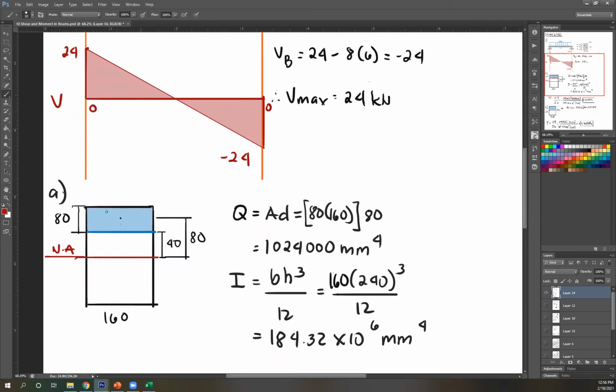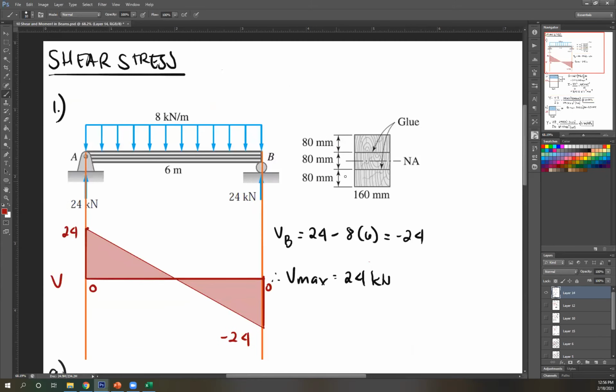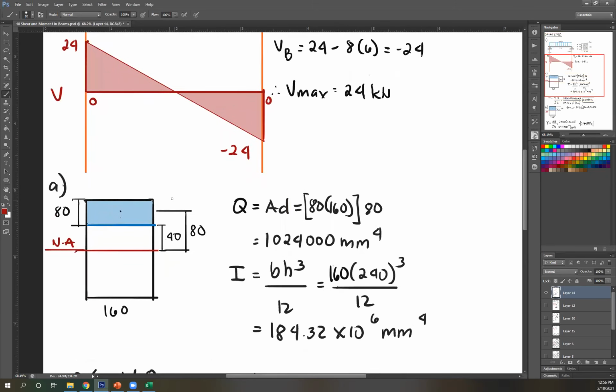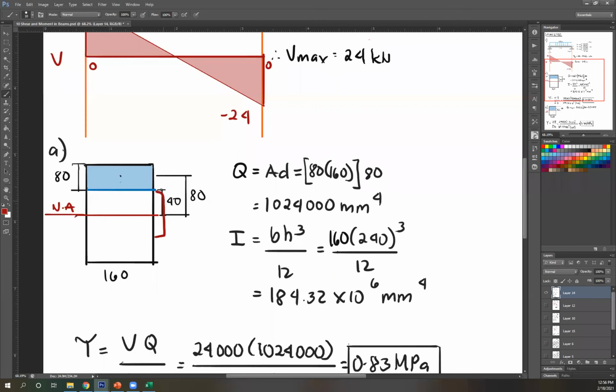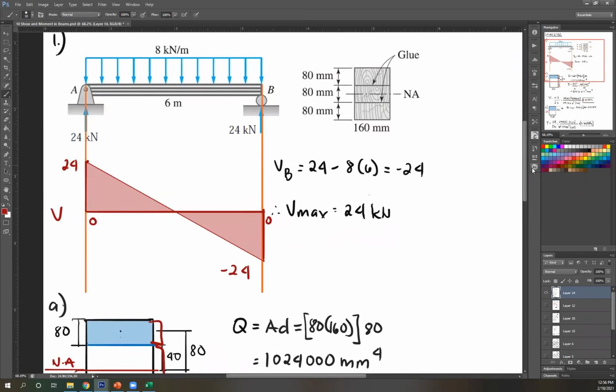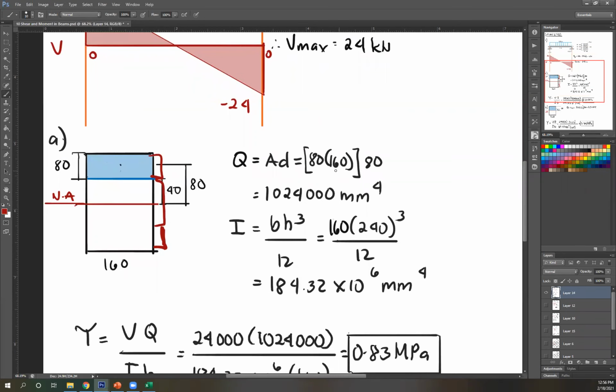So this is your glue, and the area above it is this. How do you get that? This is 80, this is 80, this is 80. Therefore, the area of that is just 80 times the width, which is given to be 160. So 80 times 160, no problem there. Next, what's the distance?